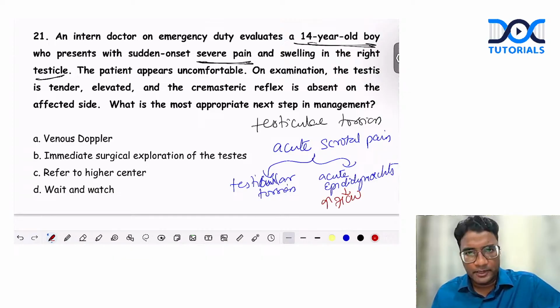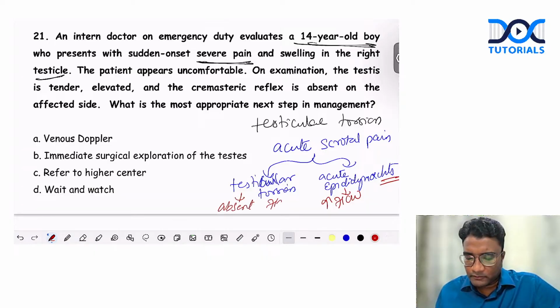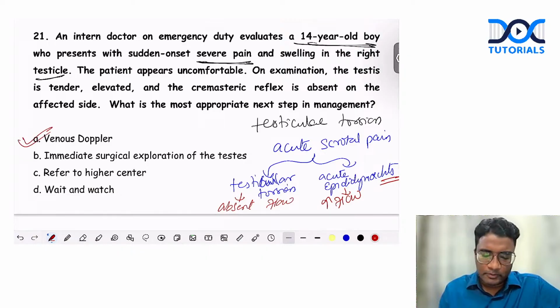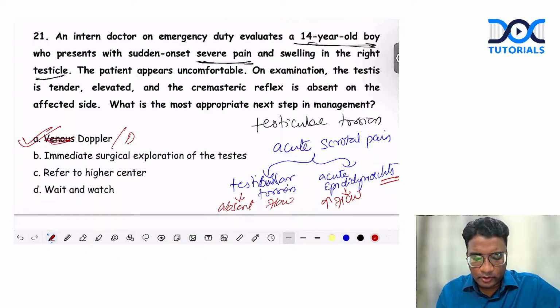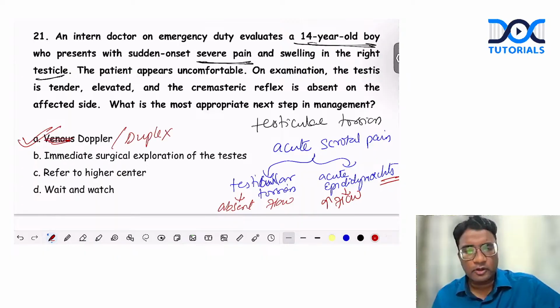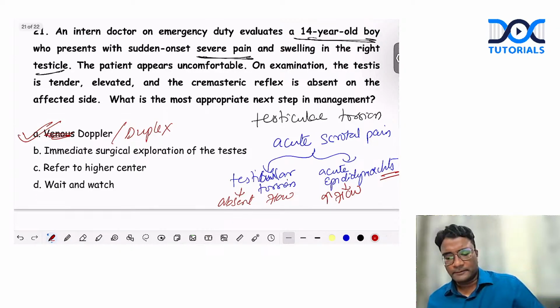When you do a Doppler, you will see increased flow in the testis because of vasodilation, whereas torsion will show you absent flow. So here the answer should be Doppler. So you'll have a duplex ultrasound or Doppler ultrasound, right? So that should be the thing.